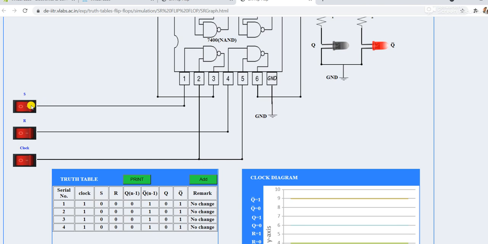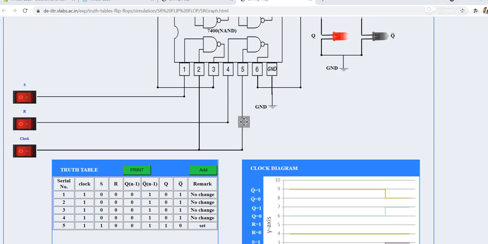Now our next input combination is S equal to 1 and R equal to 0. When S equal to 1 and R equal to 0 and we apply the clock, the value of Q will be 1 and Q bar will be 0. As you can see in the truth table, for clock equal to 1 and S equal to 1, R equal to 0, our previous state is 0, 1.